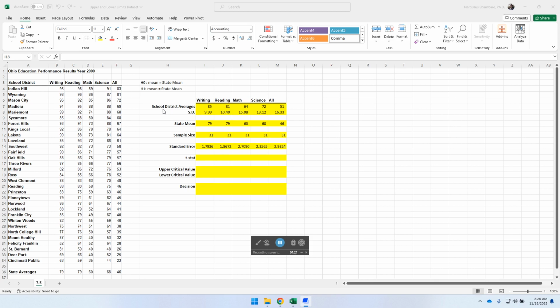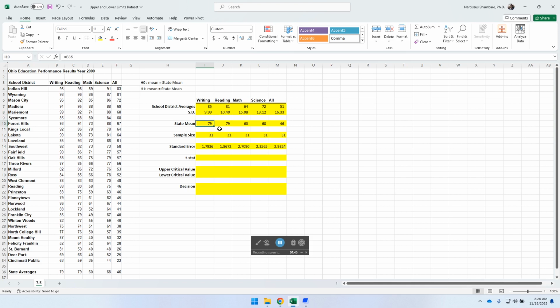To begin with, we calculated the school district averages, which is nothing but finding the averages of the range of each subject area, as you can see right there. Then I also calculated the standard deviation. This SD represents standard deviation, to measure the data dispersion within each subject area.